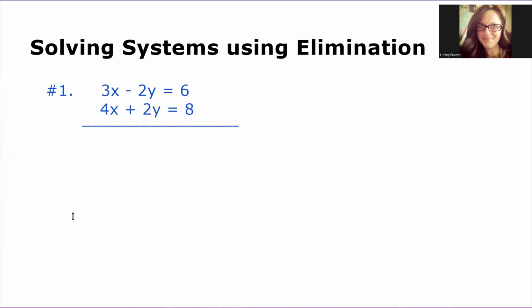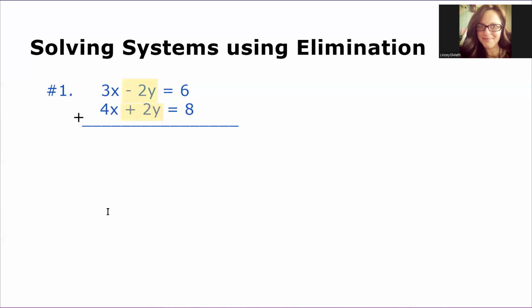Elimination, our goal is to eliminate one of the variables by adding or subtracting the 2 equations together. Notice, we have minus or negative 2y and plus 2y. We can add these 2 equations together.